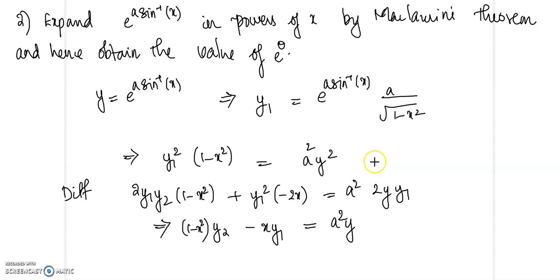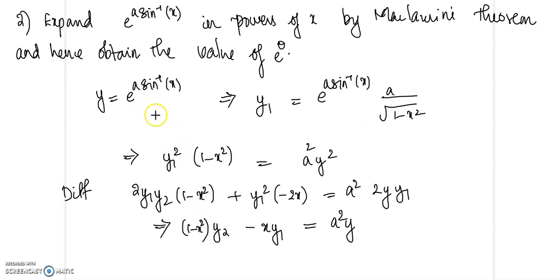So here we will look at the general expression for the nth derivative. We saw how to find the nth derivative in Leibniz theorem. So we'll obtain a recurrence relation in that case. So here we will find the derivatives using that technique.